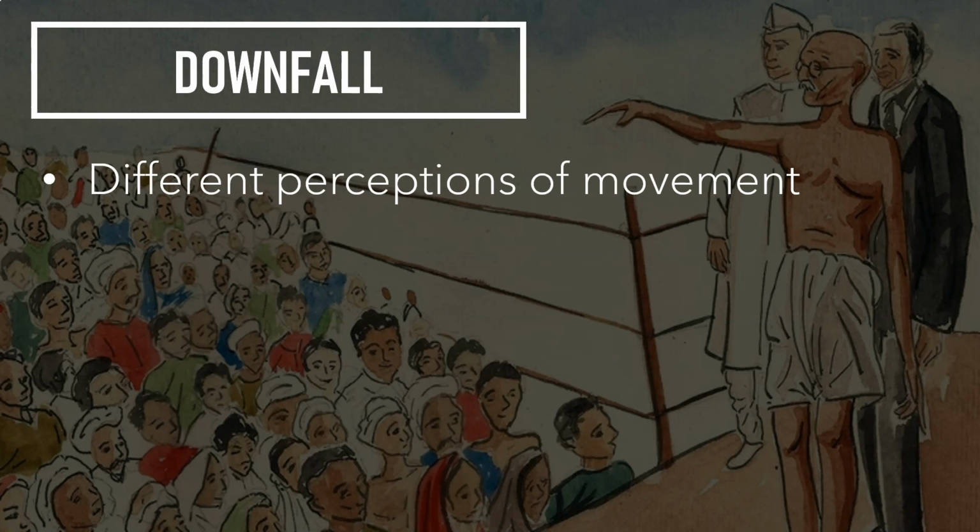So in February of 1922, Gandhi decided to call off the movement because he decided that the satyagrahis had to be properly trained and that the movement had to take a more unified cause, and also that all these diverse groups had to be brought under the same umbrella of national independence.